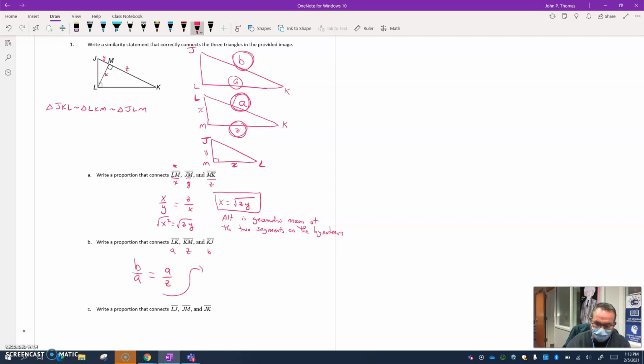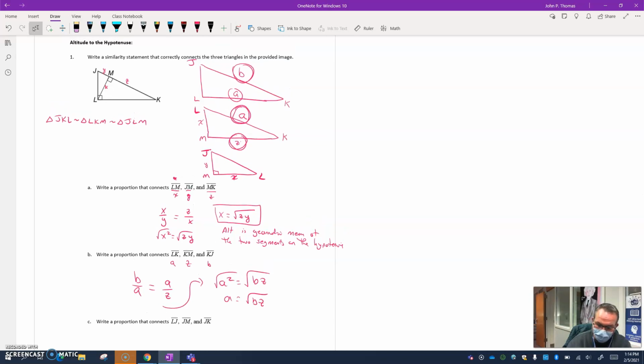All right, if I cross multiply, I get A squared equals BZ, and then I take the square root, A equals the square root of BZ. All right, now I'm going to carry these labels over, so the new ones we got were the A and B. So LK is A, and KJ, this whole side, we called B. All right, so what this says is that A, the one leg, LK, is the geometric mean of Z and B, which is the segment under it and the full hypotenuse.